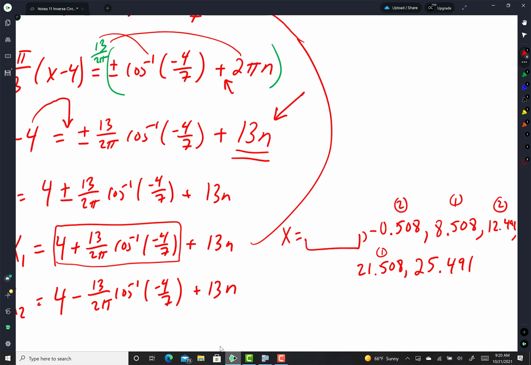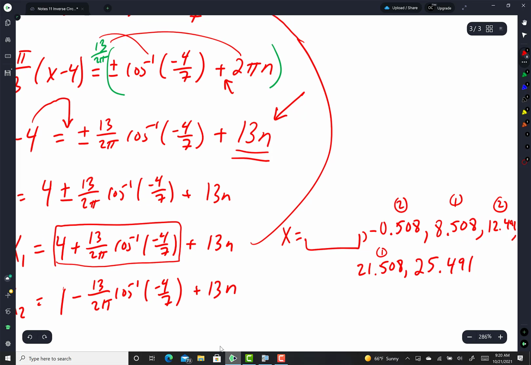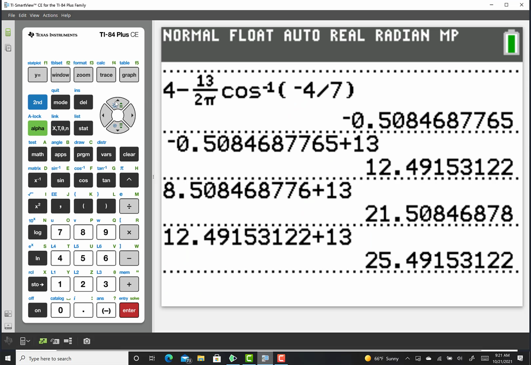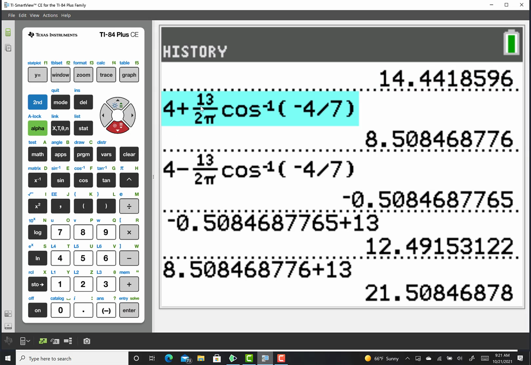Yes, ma'am. Yes, x1, I got it from 4 plus, and x2, I got it from 4 minus. You see how there's a plus minus right here? So on the calculator, I just went, let me scroll up. See? I just went 4 plus. And then how do you get the 13 over 2 pi? You push a little fraction.